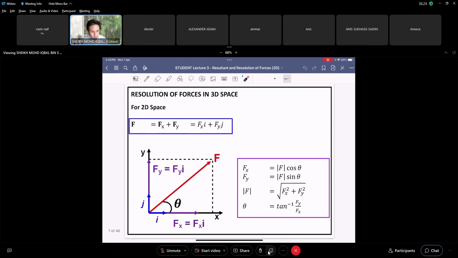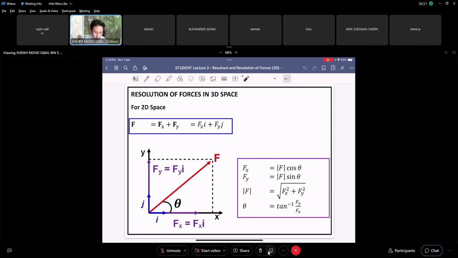Now, we can also use the unit vectors in two-dimensional space. In the last lecture, we did not because it's not really necessary, but in order to simplify the use of unit vectors, we can start with two-dimensional space. Resolution of forces means we are dividing a force into multiple forces.